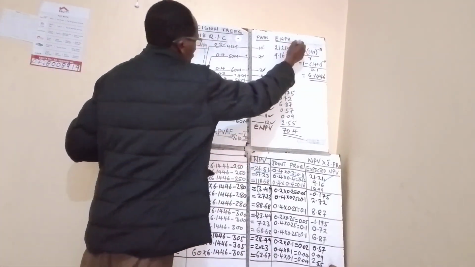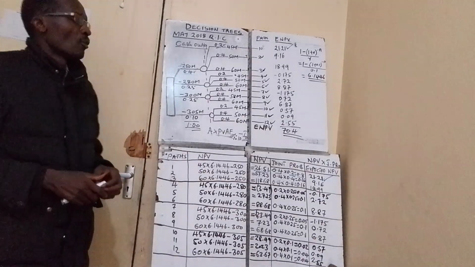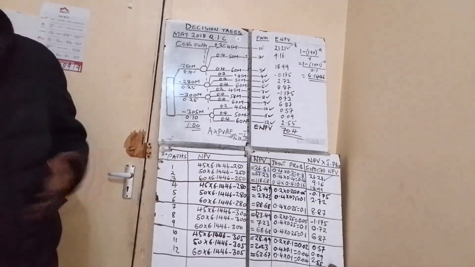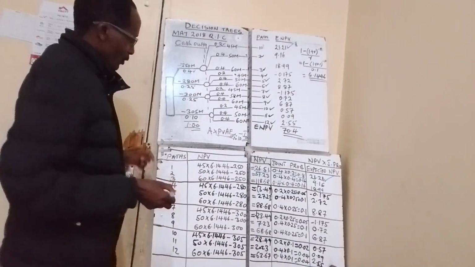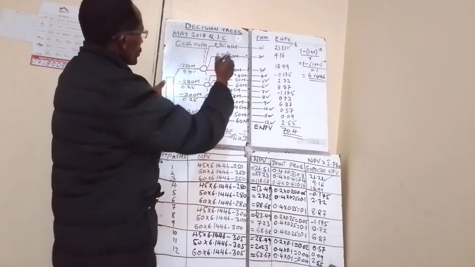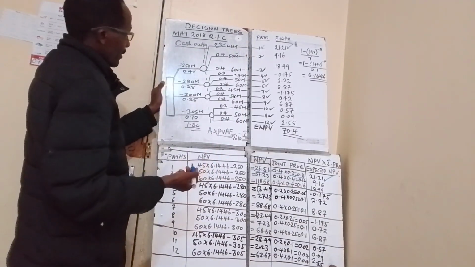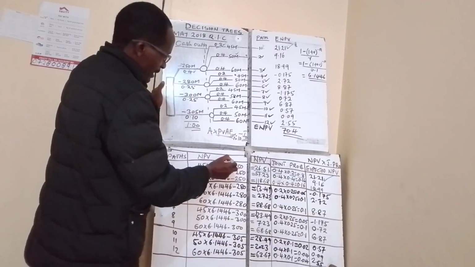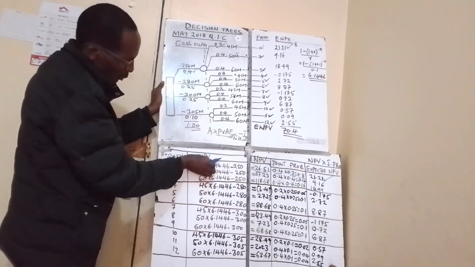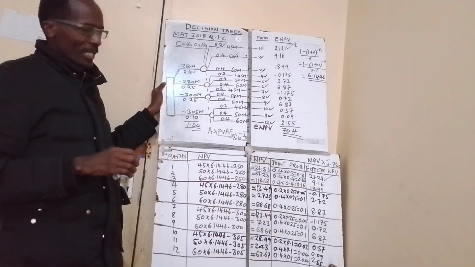So that is where I got that number from. That is my expected net present value for part one. The same applies to part two. Part two, you take 50 times present value annuity factor, which is 6.1446. This one remains the same throughout, as far as these workings are concerned.